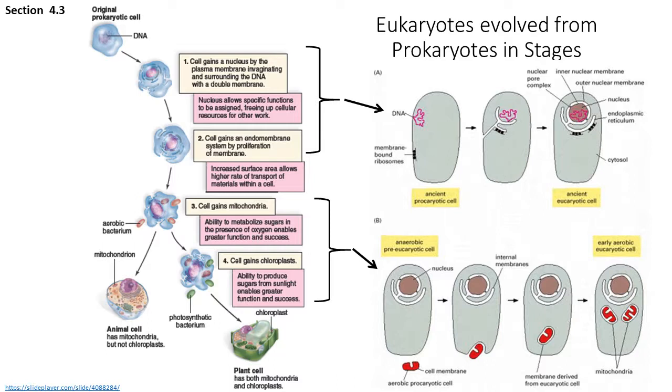Through taking in the chloroplasts, the cells gain the ability to produce sugar from sunlight and enable greater function and success.